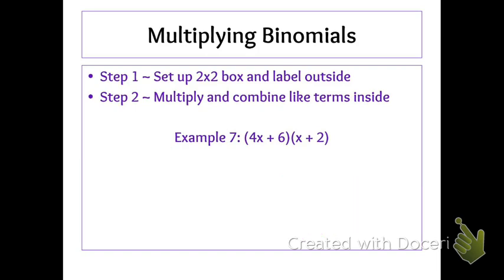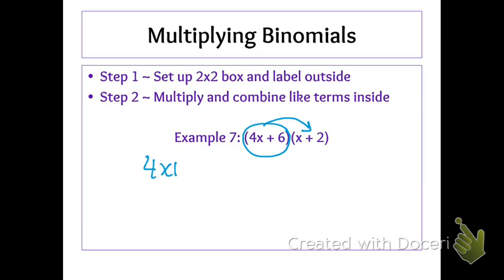I'm going to show you one more method here in case this is what you choose to do. The other method is doing something called distributing, which you already know how to do. Basically, you're just going to distribute twice. First, you're going to take the 4x plus 6 and distribute it to the x plus 2. So you're going to distribute that whole thing to the x and then the whole thing to the 2.